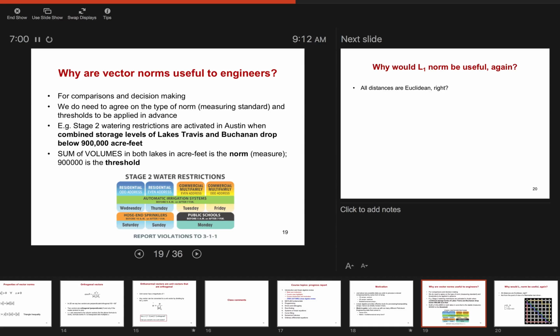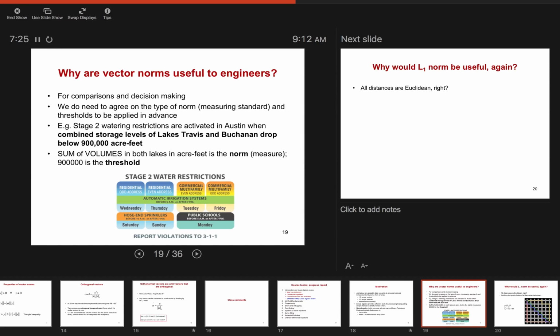If I was figuring out how to set up an alert for stage 2 watering restrictions, a little computer program figures out whether that alert should go off, and then an email is sent to an appropriate engineer, and that sets in motion the stage 2 watering restriction, I'm presuming, something like that.